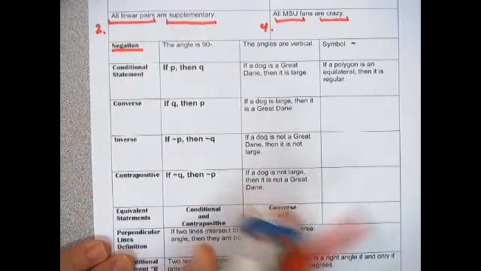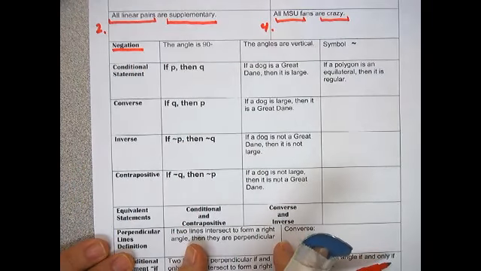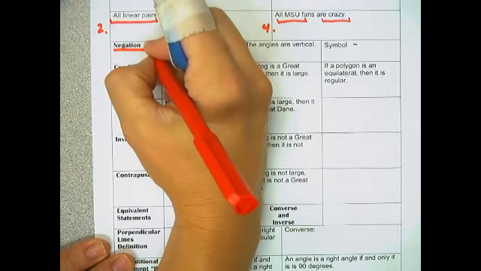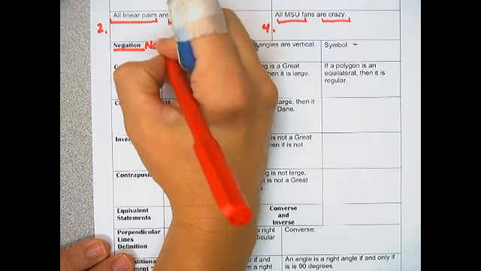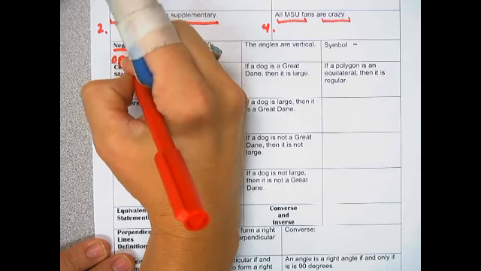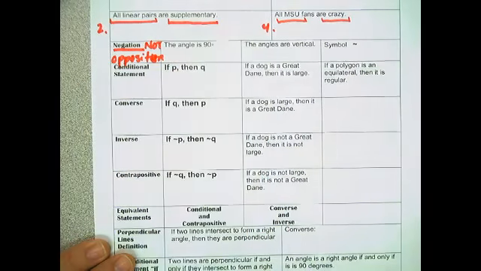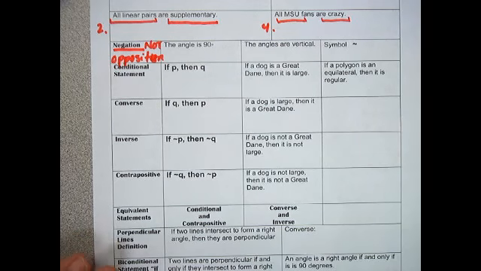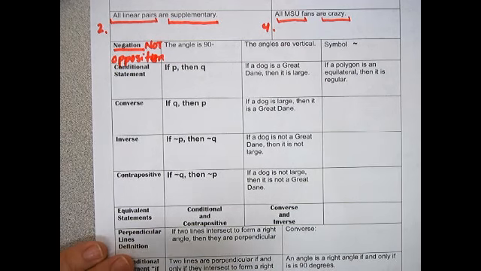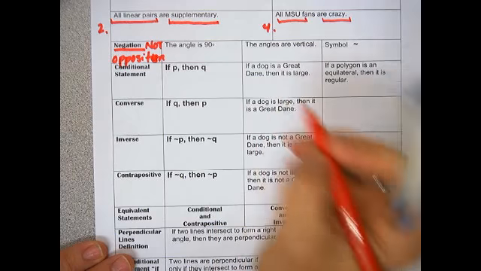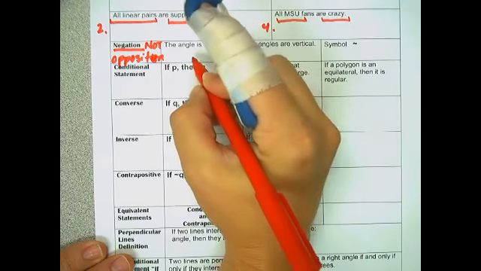On the bottom of page 79, if you can please read and define the idea of negation. Negation often is referred to as just not or opposite. Whoops, I spelled that wrong. So the negation of I'm an MSU fan is I'm not an MSU fan, or the opposite of an MSU fan.